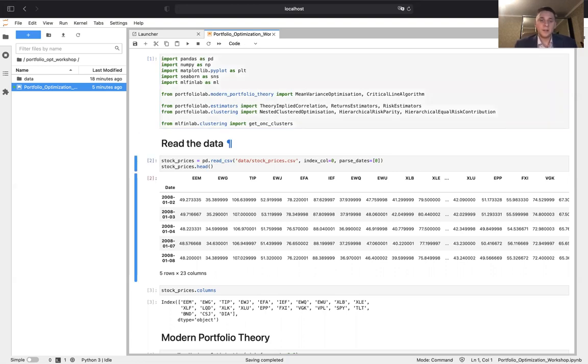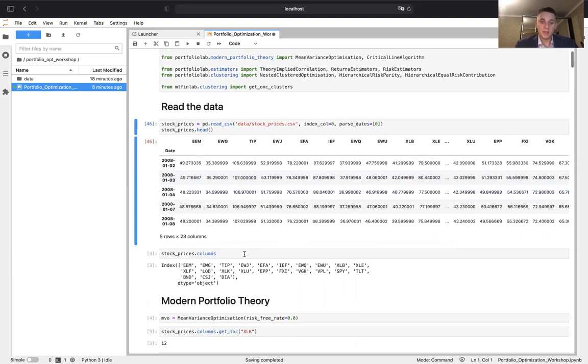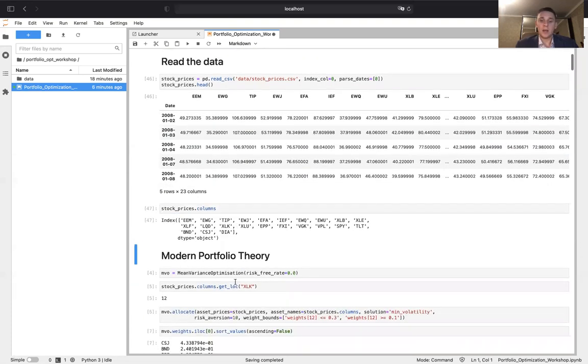We'll use the data which contains various equity and bond ETFs. And as you can see here, we have a range of some of the most liquid and widely used ETFs.